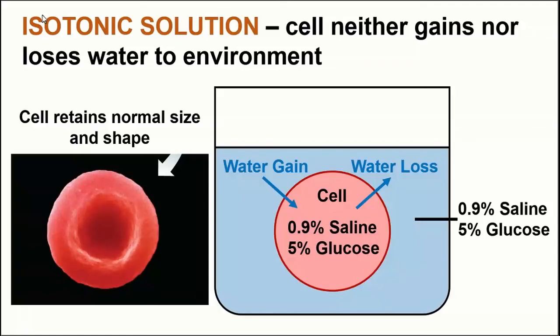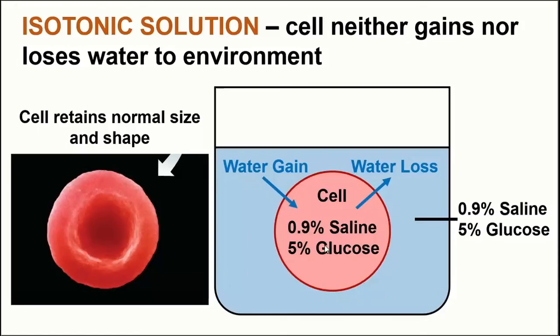So iso, same, so it's the same tonicity. Assume again that the remainder of material in that beaker is water, because remember that tonicity deals with the solution's ability to move water.